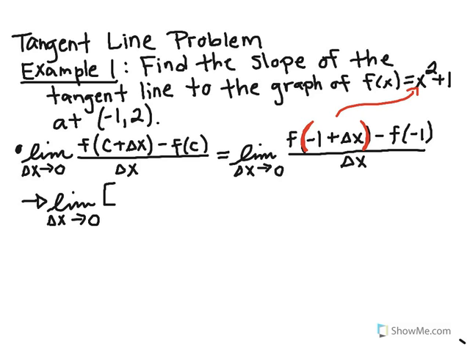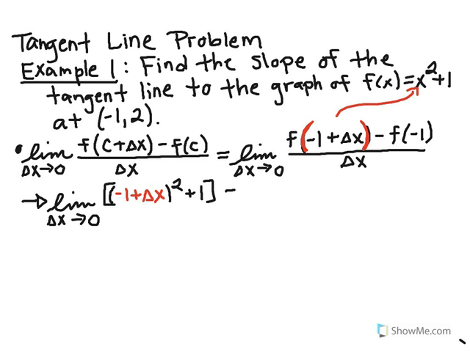But I'm going to open up a bracket and then a parenthesis, and write this in red. When I plug in negative 1 plus delta x into this function, that would give me negative 1 plus delta x, and then squared, because this is x squared, so this represents my x, and then I'm squaring it, plus 1, and I close parentheses. So all of this was as if I plugged that one red part into that function for x.